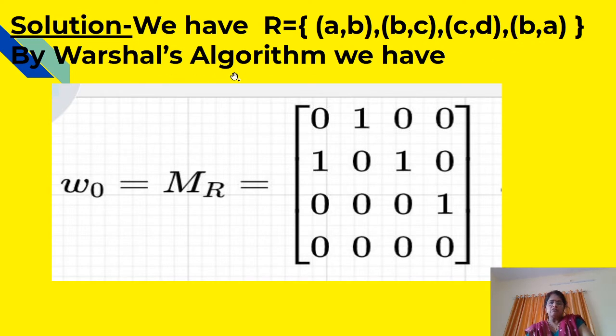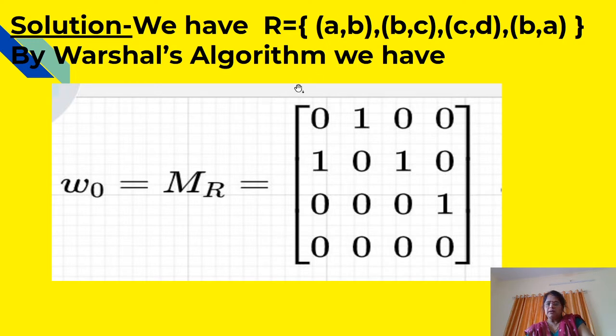Therefore, by Warshall's algorithm, we have W0, which is equal to MR, which is equal to 0, 1, 0, 0; 1, 0, 1, 0; 0, 0, 0, 1; 0, 0, 0, 0. This is written by first writing A, B, C, D horizontally, then A, B, C, D vertically.